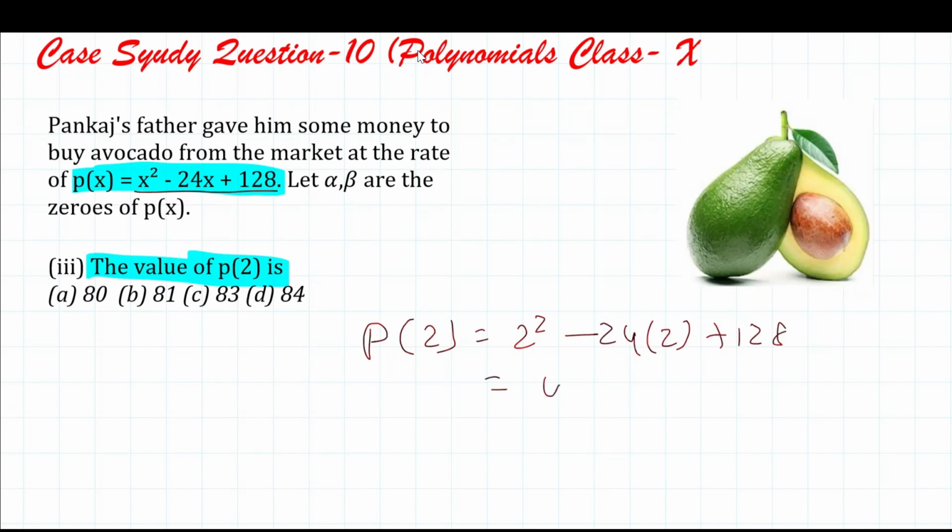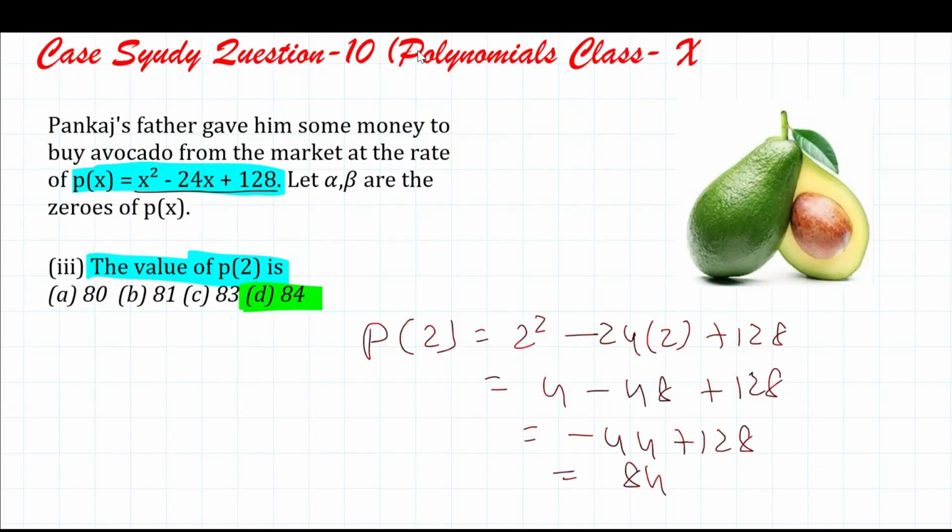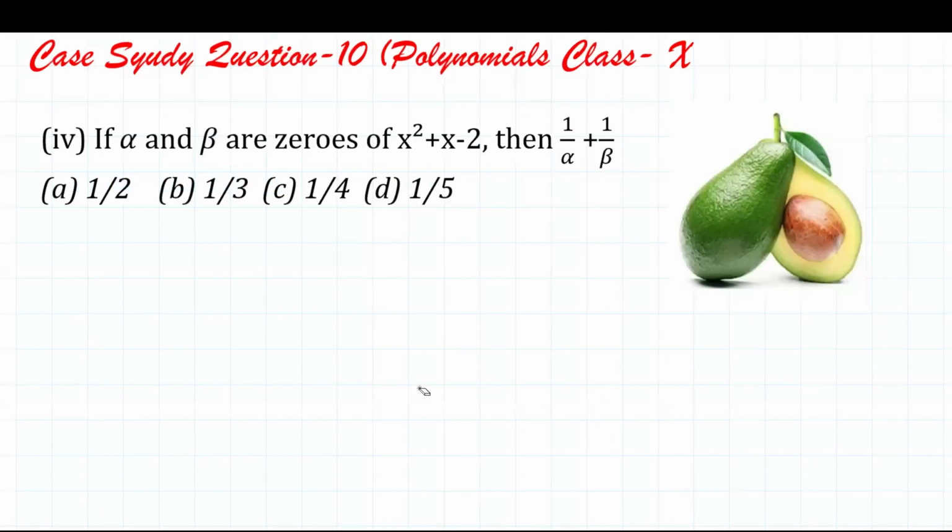So 2 square is 4, minus 48, plus 128. This is minus 44 plus 128. We just need to subtract 44 from 128. That comes out to be 84. Yes, it should be 84. So D is the correct option for the third part.